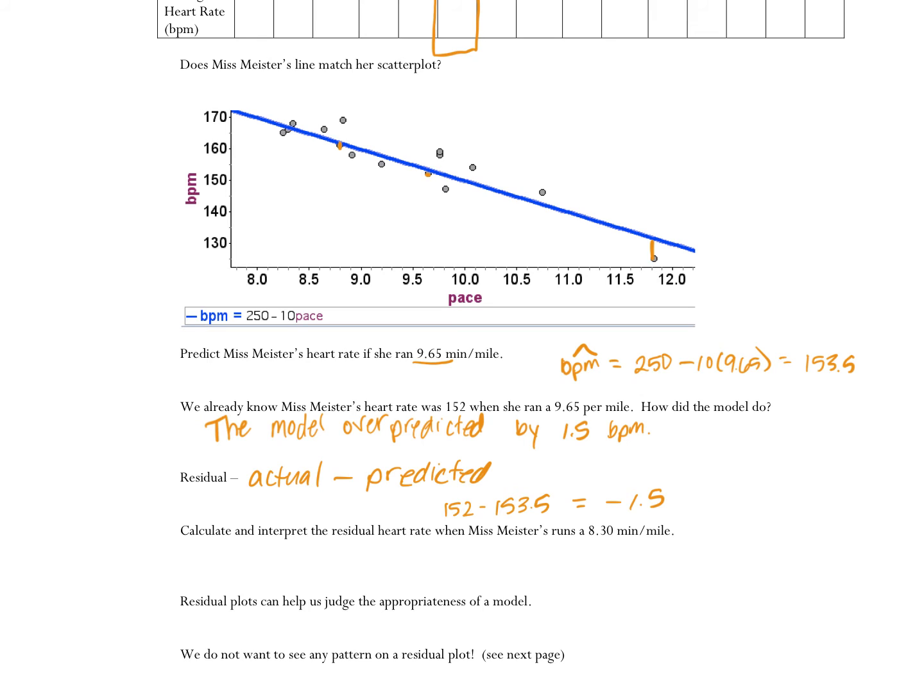If I asked you to calculate and interpret the residual when I was running an 8:30 or an 8.3 minute mile, which technically is like an 8:20-ish, should you guys help me out with that? What do we need to do first? Calculate the BPM. You have to make the prediction before you can do the actual minus the predicted.